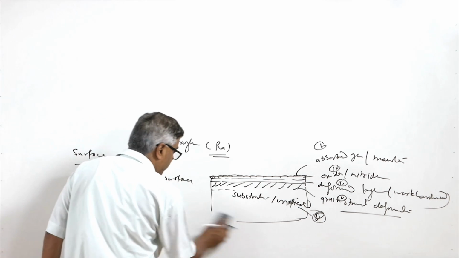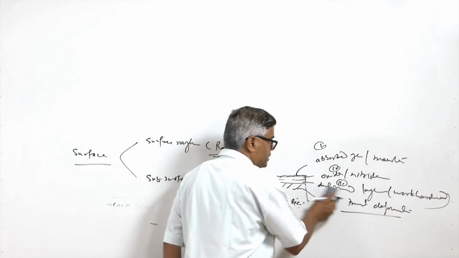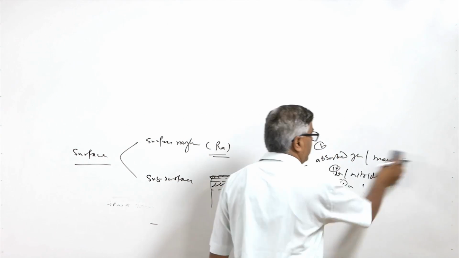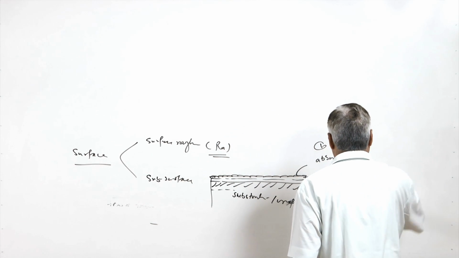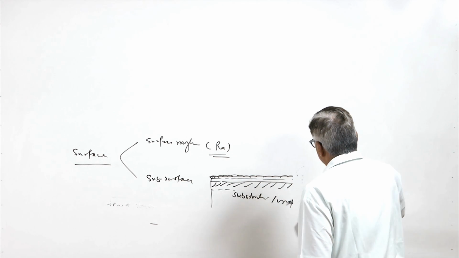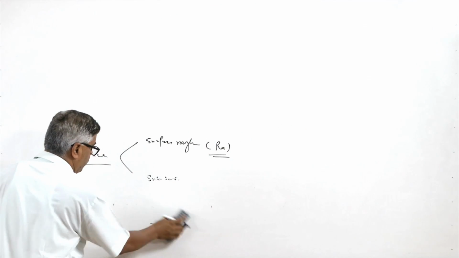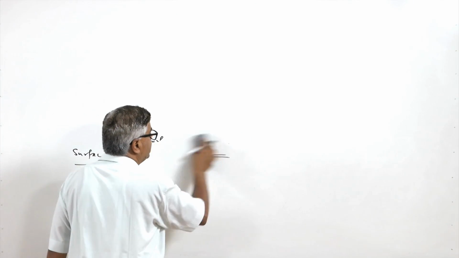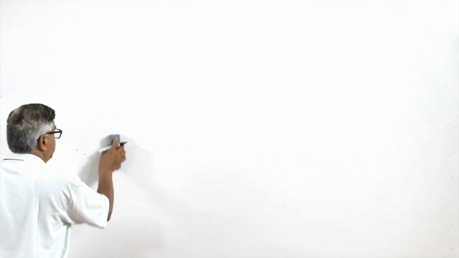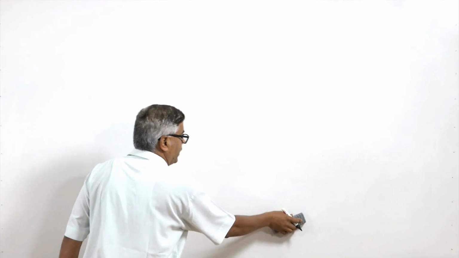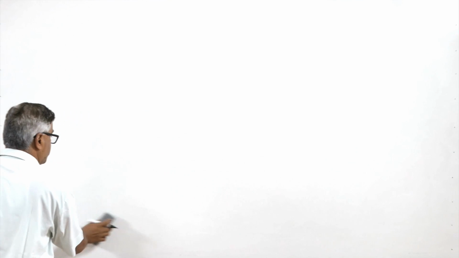There are so many techniques which can be used for surface modification. Now we will see what falls within the scope of these techniques, and up to what extent surface modification is possible through them.